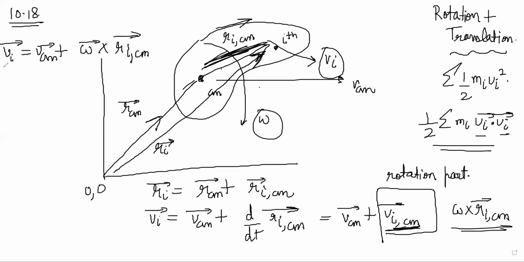Now you do Vi dot Vi, the dot product of these two vectors. That will become VCM dot VCM, VCM square, plus there will be 4 terms basically. That is what he is showing you there. So in the 10.18 section, he's showing you those 4 terms.